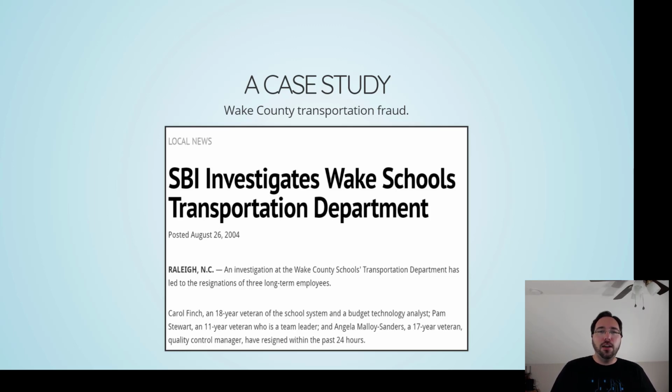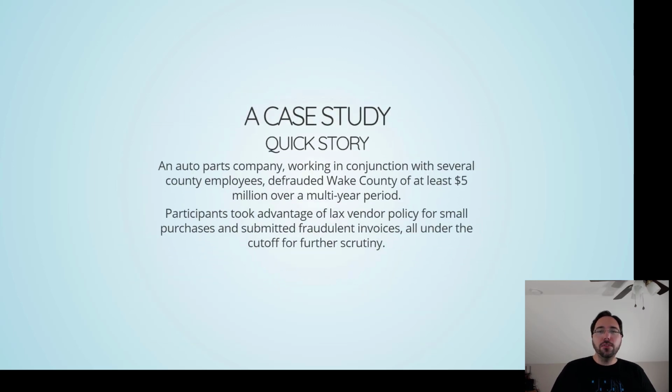My talk today is motivated by something that happened in the Raleigh, North Carolina area about a decade ago. In this scenario, the Wake County School District's transportation department ended up having a bit of corruption. The rough story of it was that there was an auto parts company that was working in conjunction with several county employees. These county employees would receive fraudulent invoices from the auto parts company. They would sign off on them and they would split the money.